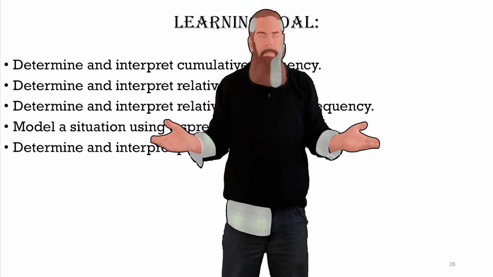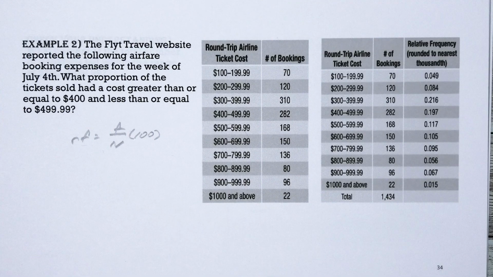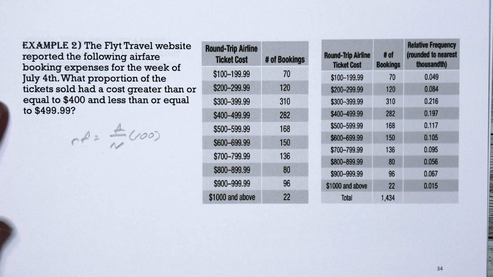Now let's determine and interpret a relative frequency. To set up a relative frequency table, add a new column. The total number of frequencies represents the total number of bookings reported by Flyt Travel. The sum of the bookings listed in the table is 1,434. Use this to determine the relative frequency.